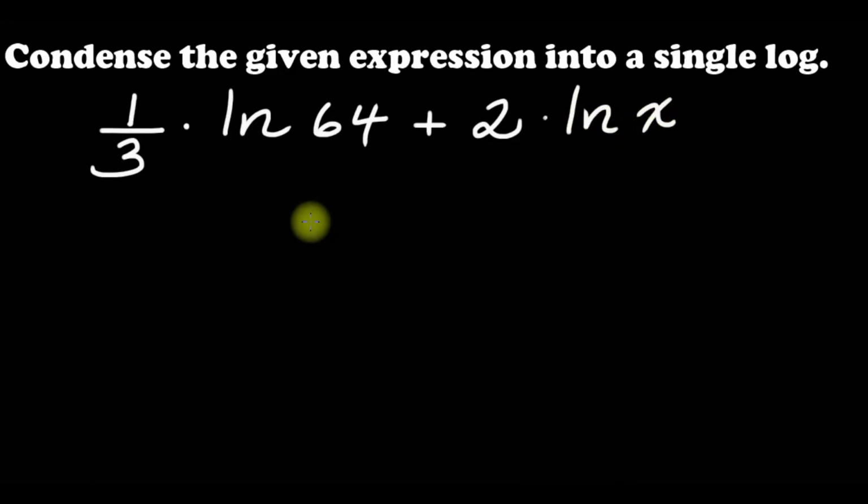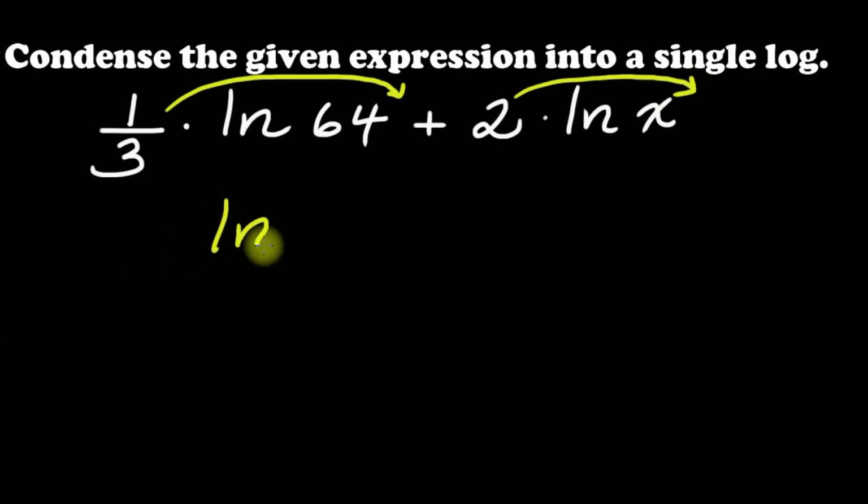We are going to use the properties of logarithms to condense, to make it smaller, turn it into a single log. So now we have to use the power property to get the coefficient up here as an exponent and the coefficient up here as an exponent. So it's going to look like this now.